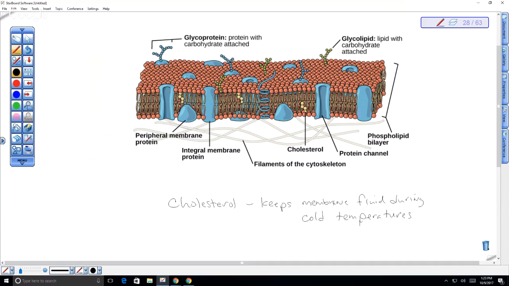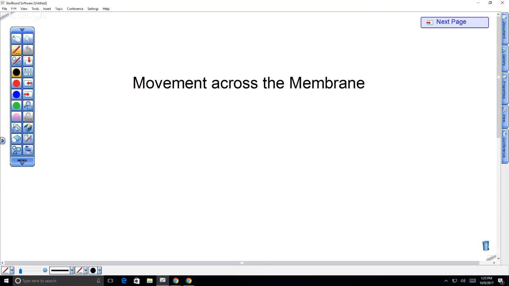Okay, so this membrane is semi-permeable. We're going to talk about how things move across the membrane, because obviously things have to come into the cell, things have to go out, right? And you have to regulate that internal homeostasis, the internal environment.